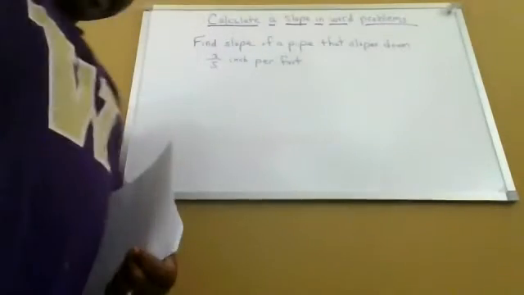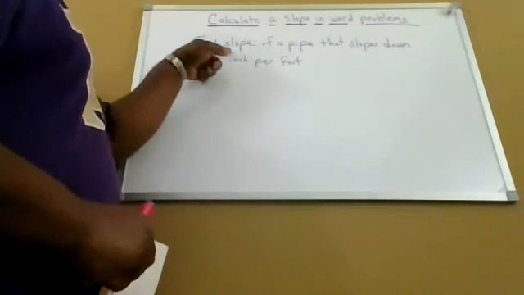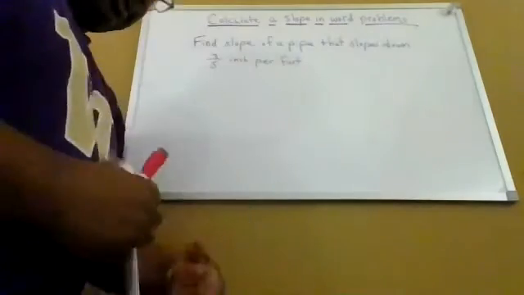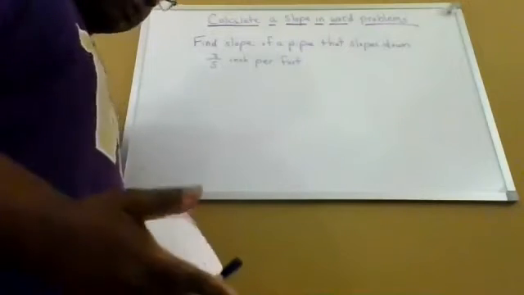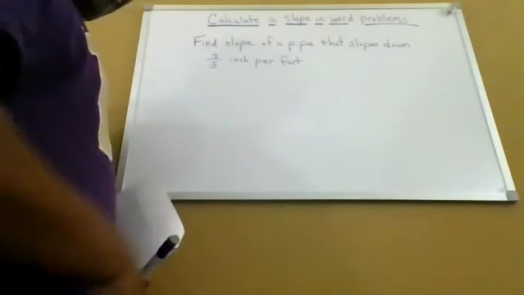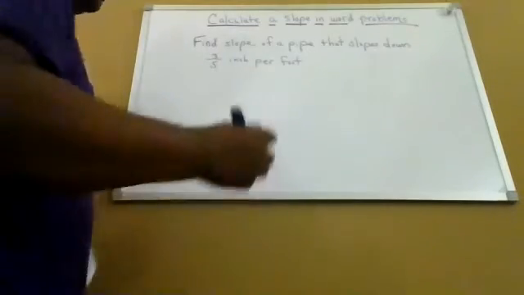All right, so we have written on the whiteboard, find the slope of a pipe that slopes down. They tell us that it slopes down, so we know that in the end, our answer is going to be negative because they tell us that this pipe is sloping downward.